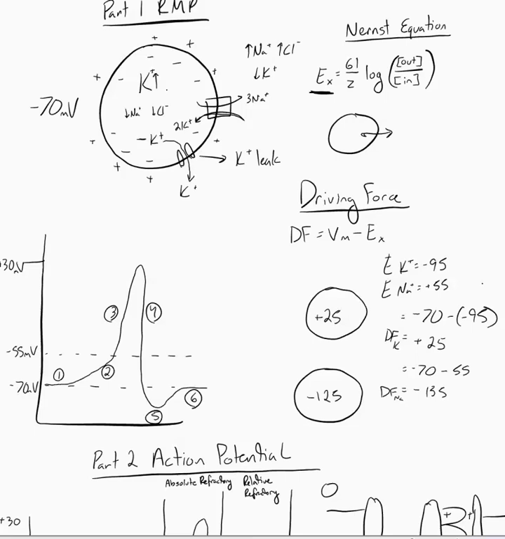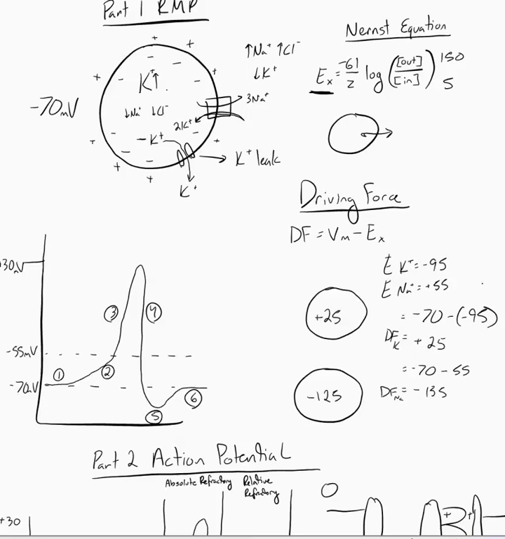So let's say you had a higher number here and a lower number here, and that would cause a positive number, and it would be overall a positive number coming out of there. Now let's see, this should be negative, so it would be a negative number overall. And so with that, it's just going to tell us what amount of voltage is needed to hit that equilibrium at those concentrations inside and outside of the cell.